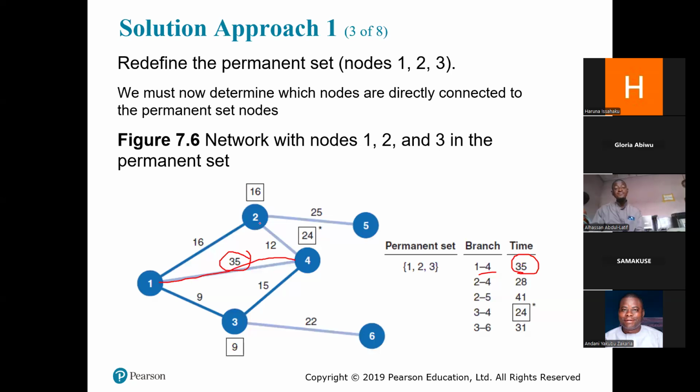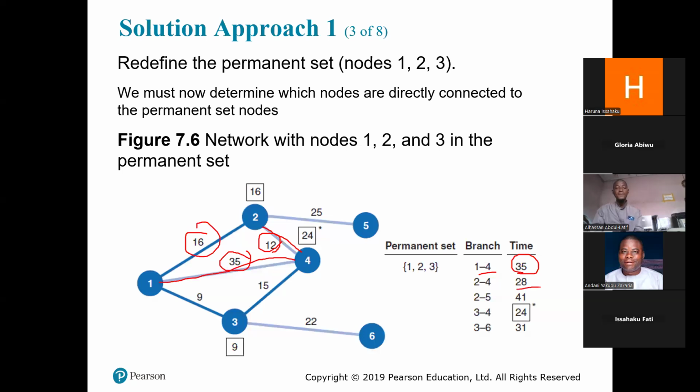Then from 2 to 4, 2, 4. We'll have what? So that one, remember, is not direct from 1. So you have to move from what? 1 to 2, from 2 to now 4. So it means you have to add what? 16 to what? 12. So that will give you 28.